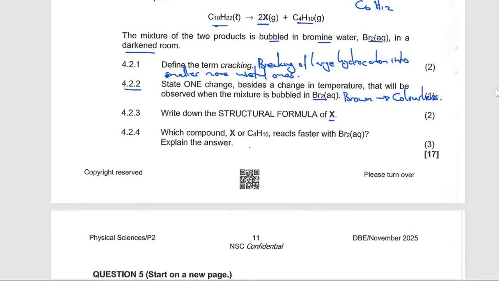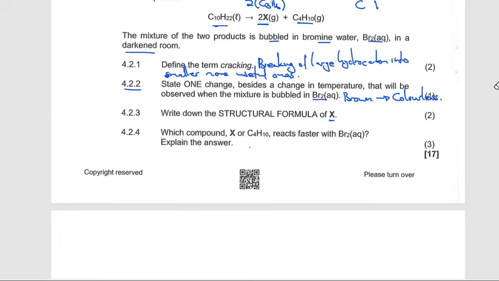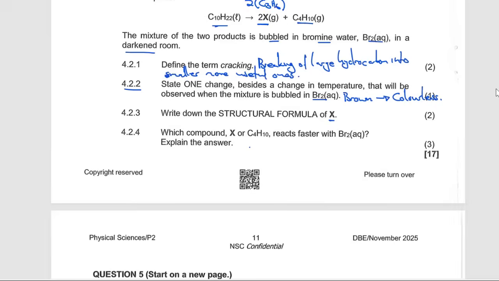So they're looking for the structural formula, right? Basically, since we're having a 2, it's more like C3H6, right? H6 like that. But for me to write the structural formula, it's going to be something like this. Let me quickly write it down. This is what I'm going to have in terms of my structural formula.